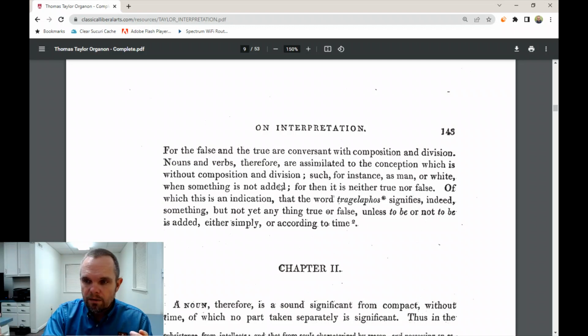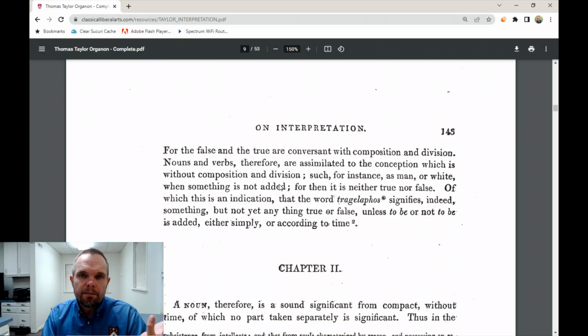The noun refers to or signifies, is a symbol of, the conception without any judgment being made. And the same is true of a verb. All right? So nouns and verbs are assimilated to the conception which is without composition and division, the separated ideas, such as, for instance, man or white.